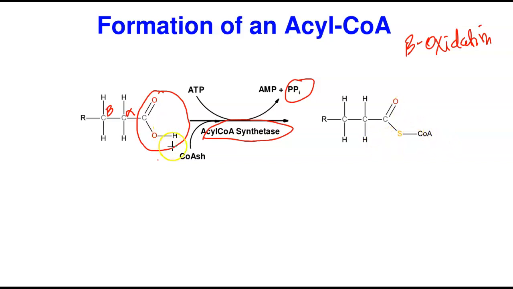So the difference here is that we've removed this hydroxyl group and put in the thioester bond, and the CoA coenzyme attached to it. So this molecule is our acyl-CoA, or you can say fatty acyl-CoA. It doesn't matter whichever one you call it.